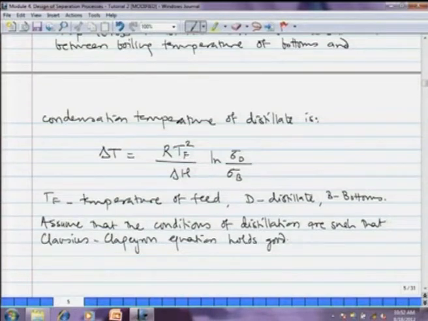Tf is the temperature of the feed, D denotes distillate, B denotes bottom. So, the subscripts 1 and 2 in the previous bit become D and B now.